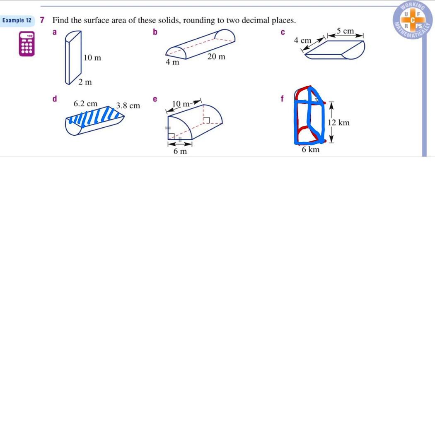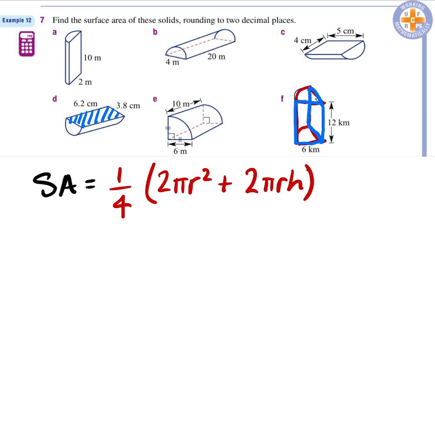We can find a quarter of the surface area of a cylinder. And we know the formula for surface area of a cylinder already. So we can say surface area is equal to, for the curved surface and the two circular surfaces, or they're not circular, they're a quarter of a circle, we can just say that it's a quarter of the surface area of a cylinder, which is 2 pi r squared for the circles plus 2 pi r h for the curved surface.